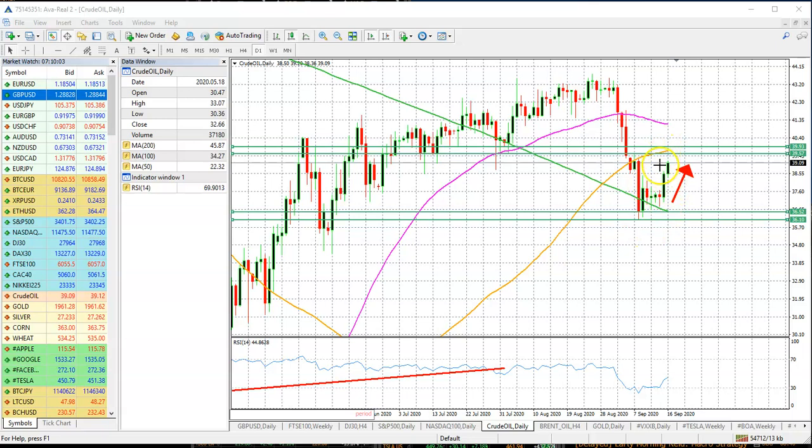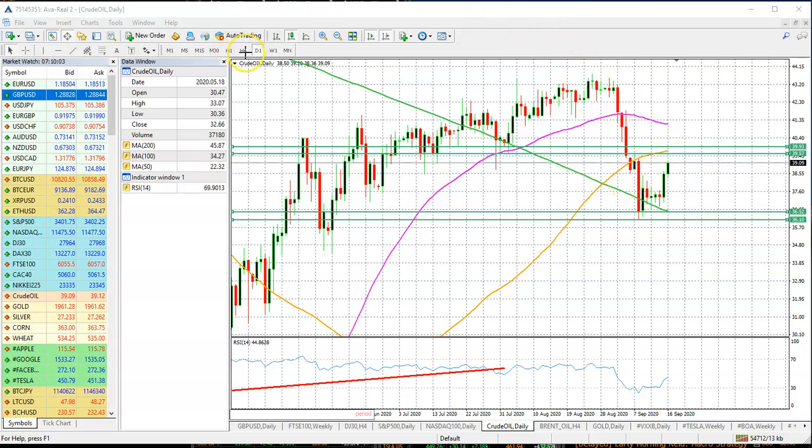But the opportunity comes right over here, where that important resistance level is. If the price cannot break above this 100-day moving average, then that is where you want to place the trade. So what is the trade and how can you put it in?